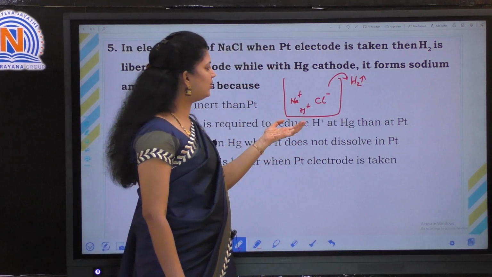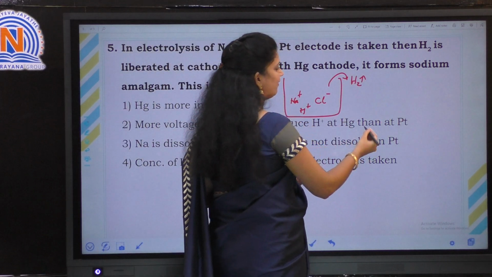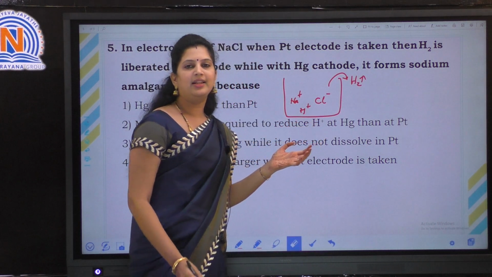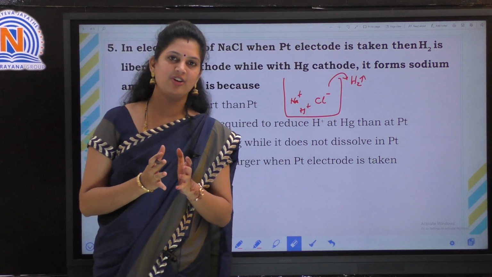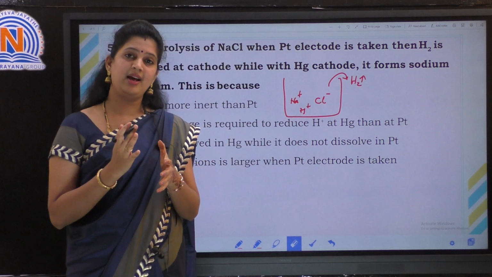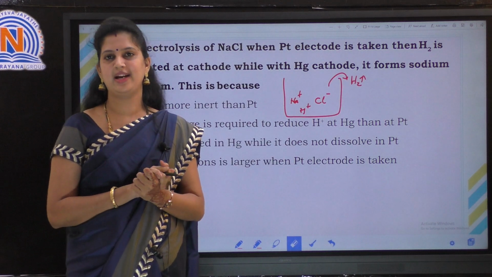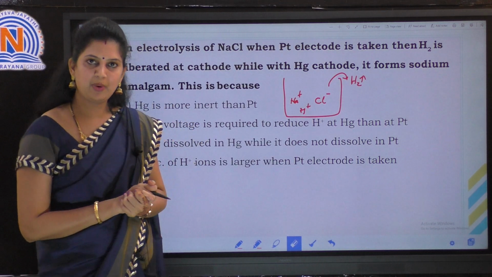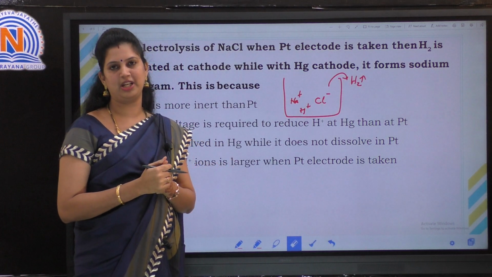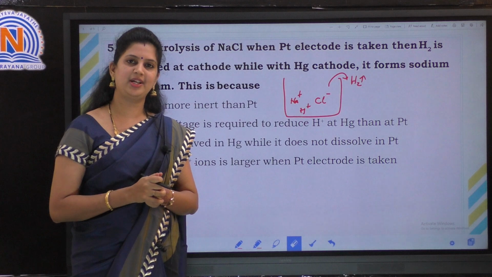But now coming to the second case where we have mercury. So what happens actually? As we know very well, there is the hydrogen overvoltage of mercury, so due to that reason, hydrogen allows the other higher or heavier ions to get deposited. That is the only reason, and we need more power or more reduction potential to get hydrogen deposited on mercury.